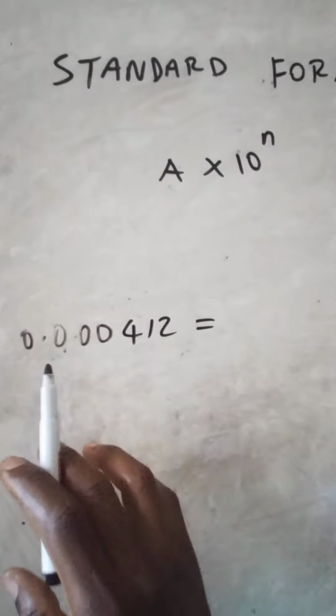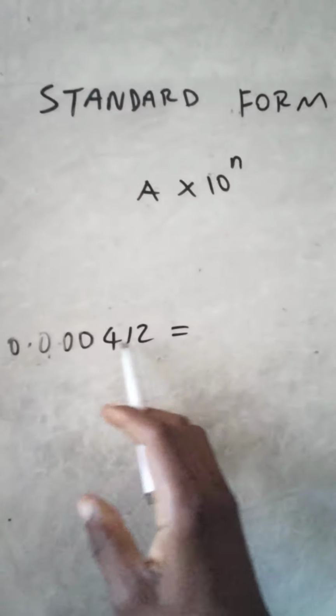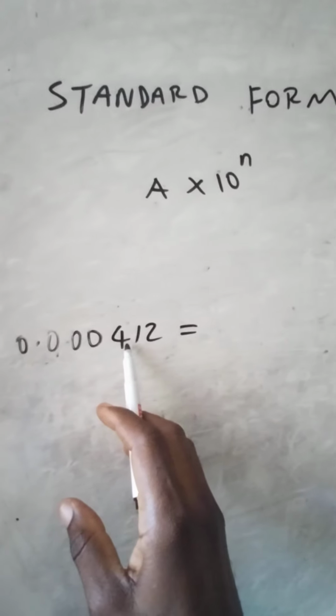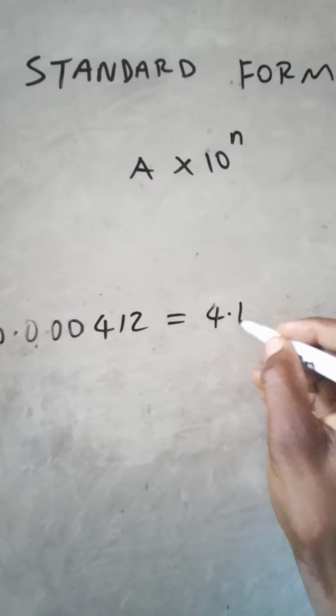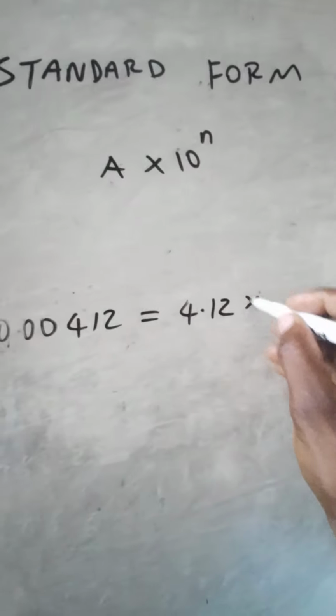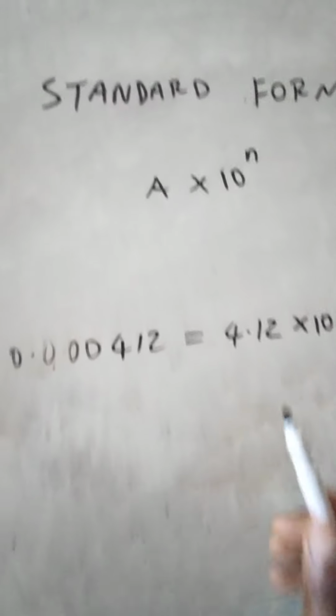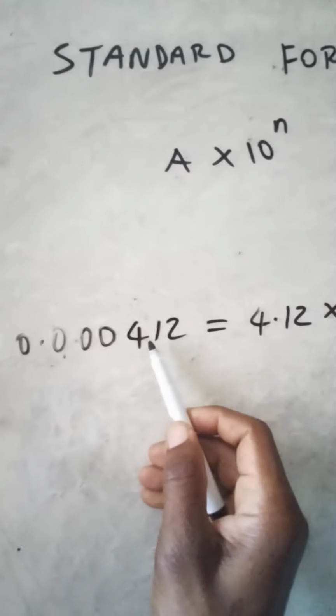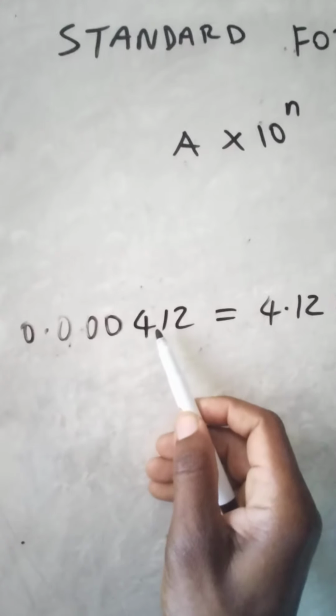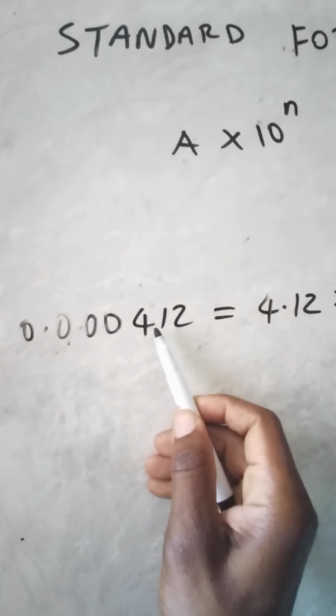Okay, now the first step is to put the point after the first number between 1 and 10, which is 4. You're going to say 4.12, you multiply by 10. So the point has moved from here to here. Now which direction do I need to go and how many times to get back to the original number?